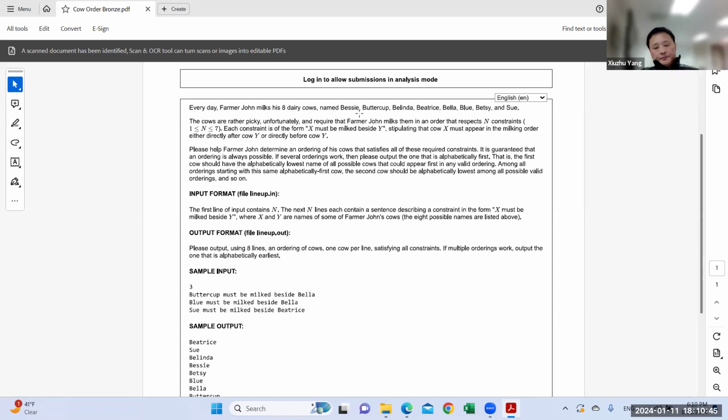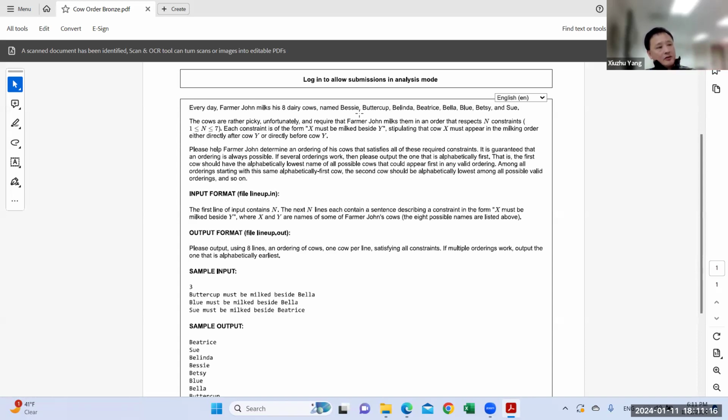Okay. This problem, actually, I will say all the problems we will discuss today will be in a graph. So this is a linear graph. That's why you see there's a chain. If two cows stay together, next to each other, let's say that's a chain.